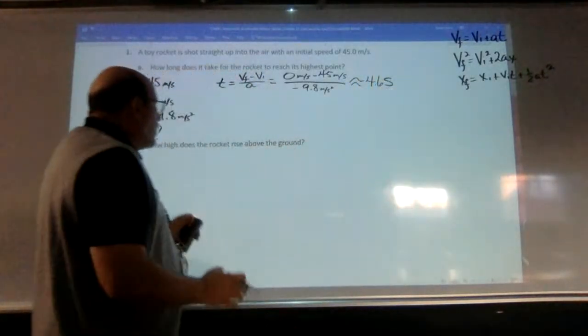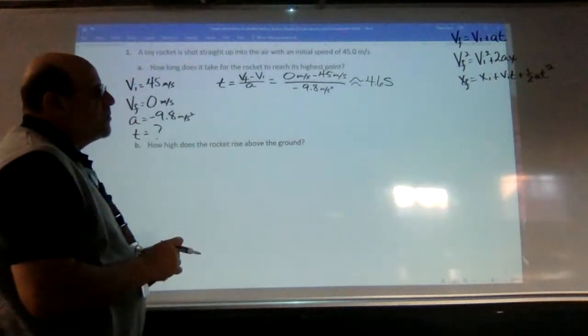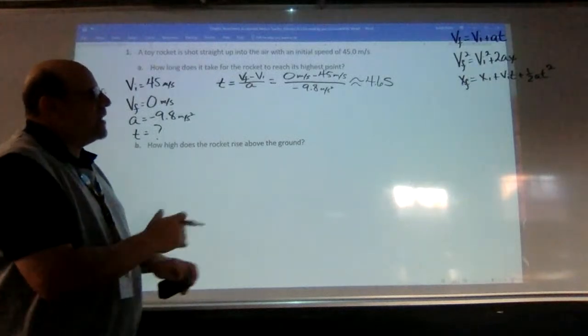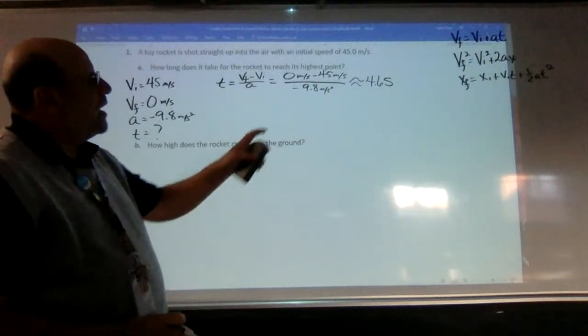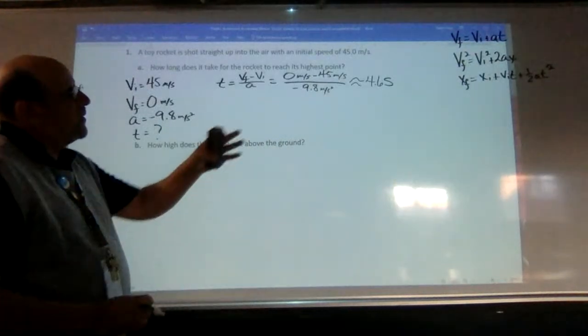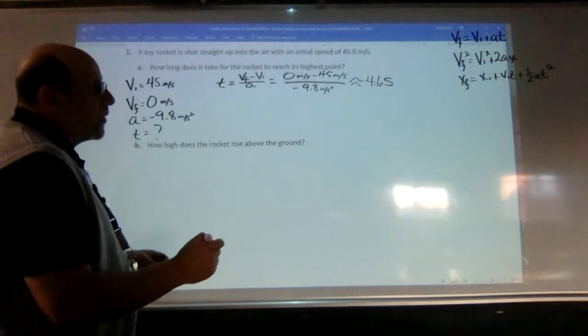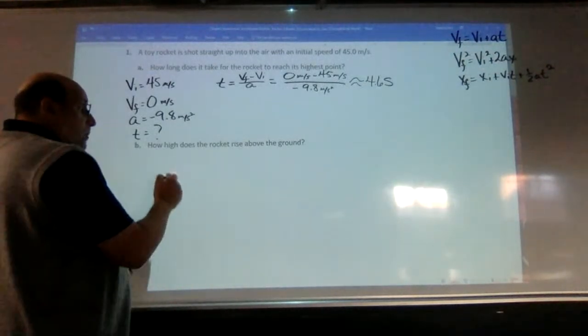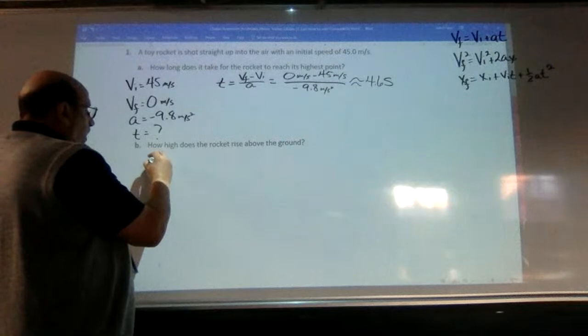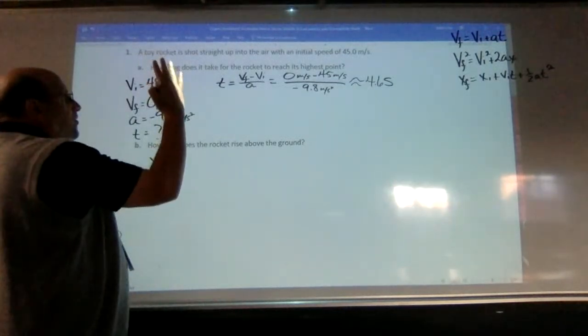So the second part of this is, how high is this rocket above the ground? Now, last time I used the second formula. This time I'm going to use the third formula because I want you to see that they both work. So I'm going to do x final. There is no initial distance because it starts from the ground.